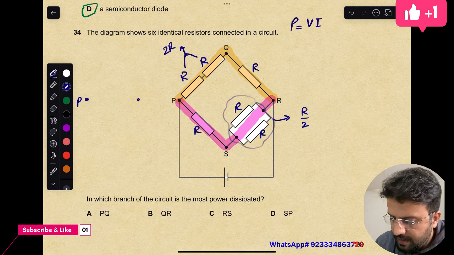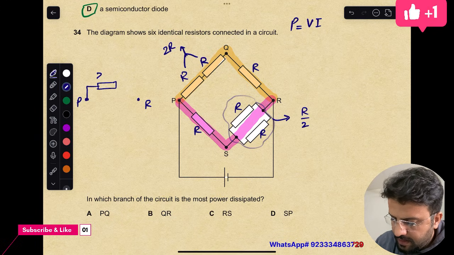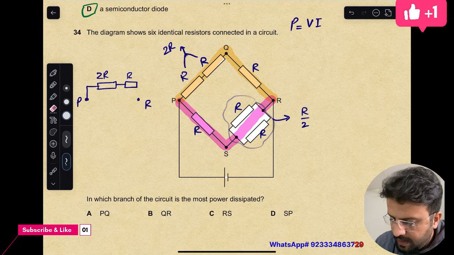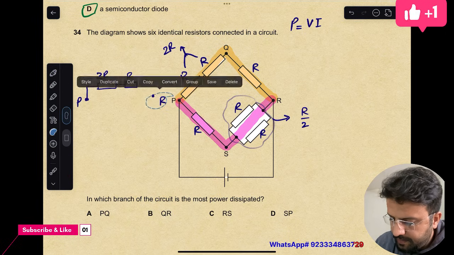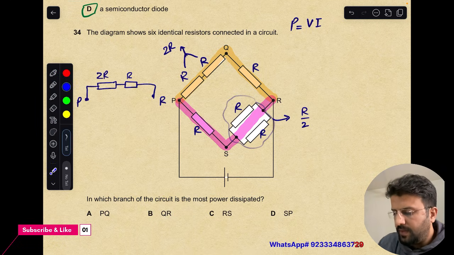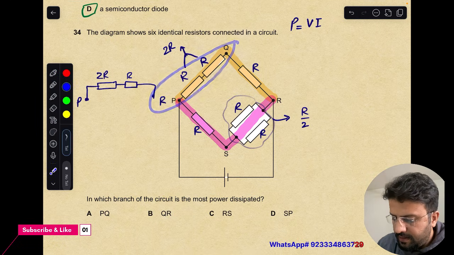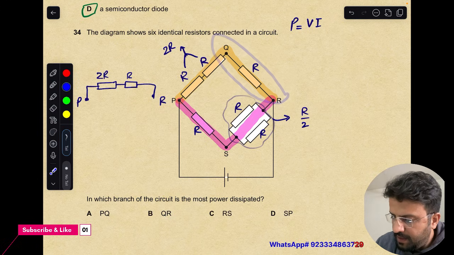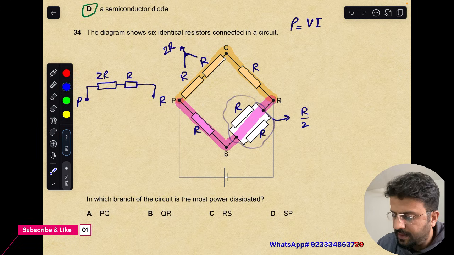There is point P, there is point R, P is attached with this 2R, then there is an R. Okay, let's drag this thing here, because we have to tell the power dissipation between PQ or QR or RS or PS.